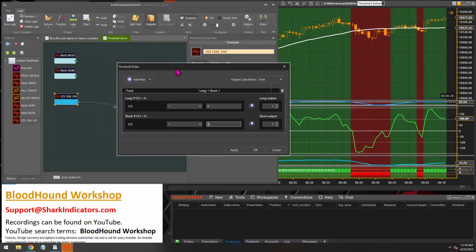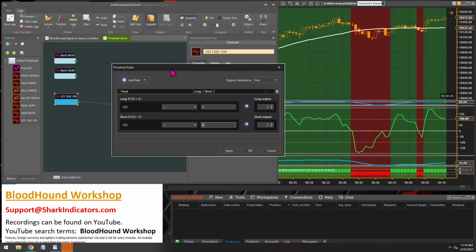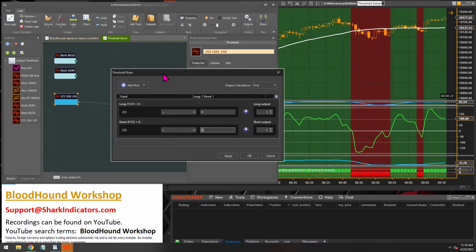So hopefully, by now you've gathered that probably another most common use for the threshold solver is for trend filtering, right? Filtering out your signals based on some indicator there, identifying either an extended long trend or an extended short trend, something like that. So threshold solver is most commonly used for filtering your signals out.